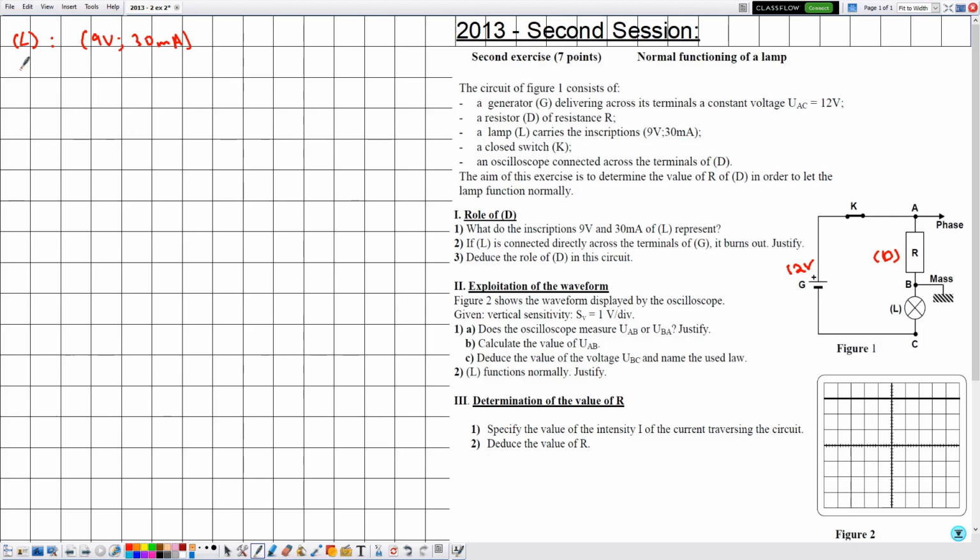Then part 1 of this exercise, role of D. Now in number 1 they are telling me what do the inscriptions 9 volt and 30 milliamps of L represent. Then 9 volt.